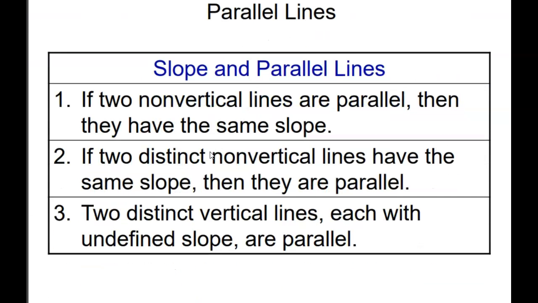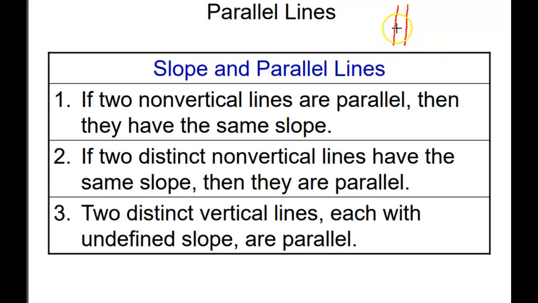Here's the basic idea. If two non-vertical lines are parallel, then they have the same slope. They say non-vertical because vertical lines are all parallel to each other. Any line that goes straight up and down is parallel to any other line that goes straight up and down.